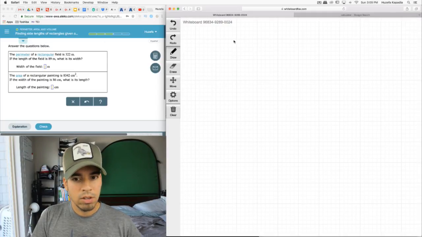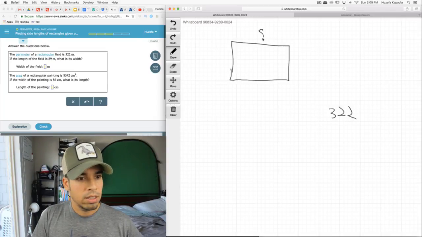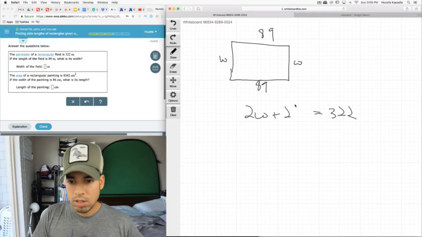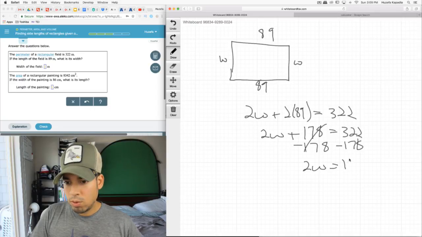Next, perimeter of a rectangle is 322. Length is 89. Width is what? 2W plus 2 times 89 equals that. 2W plus 178. 2W equals 144.